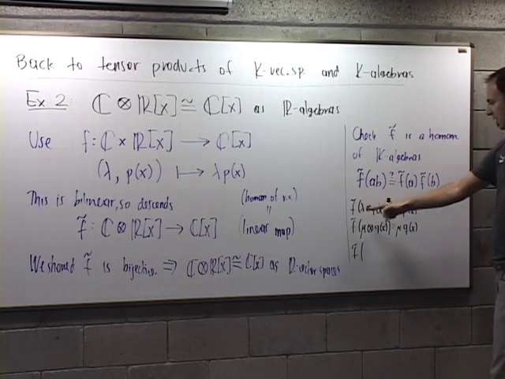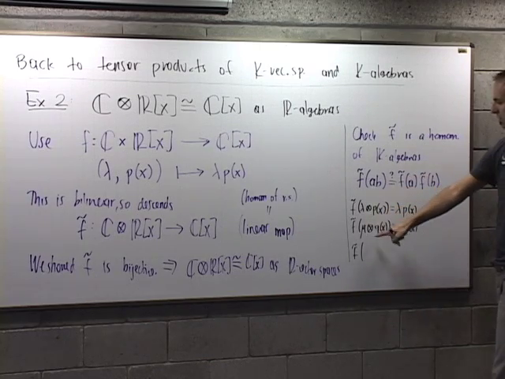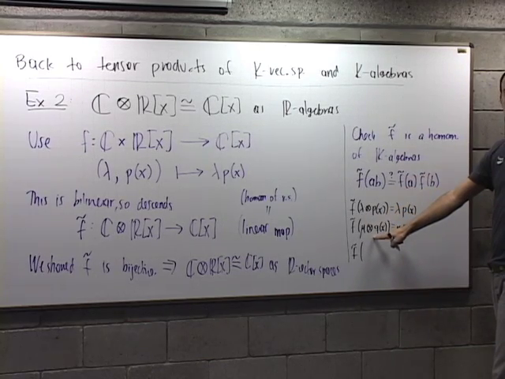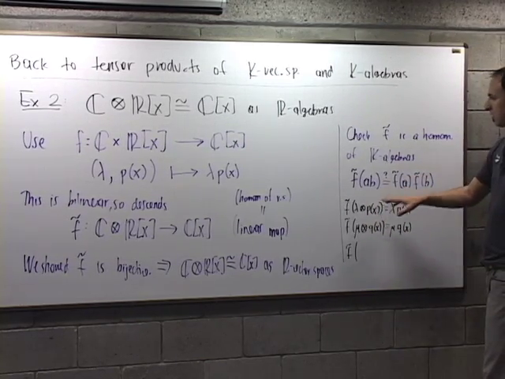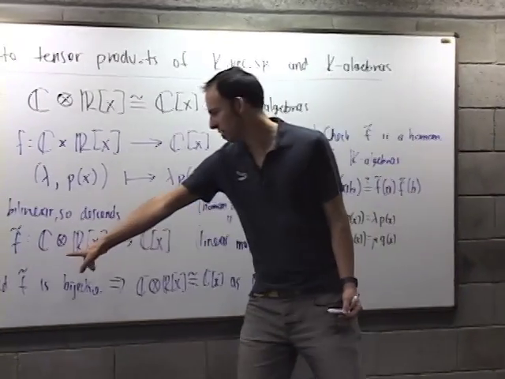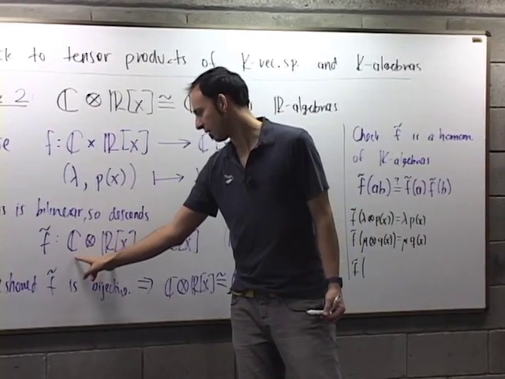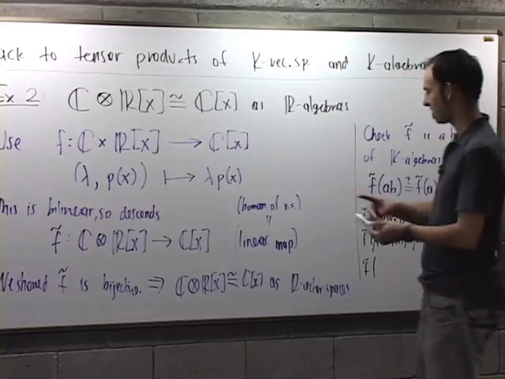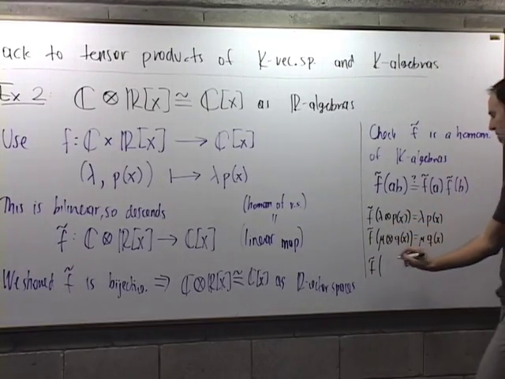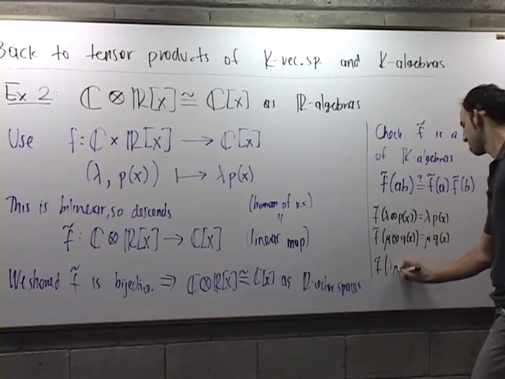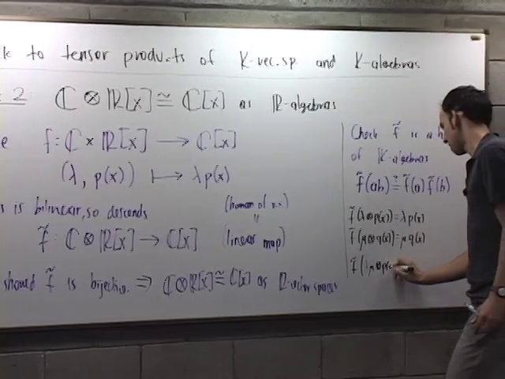Now if we take F bar of this times this, again, it's important to realize that we are regarding this as an algebra that has a product, and the product is lambda mu times p of x q of x.